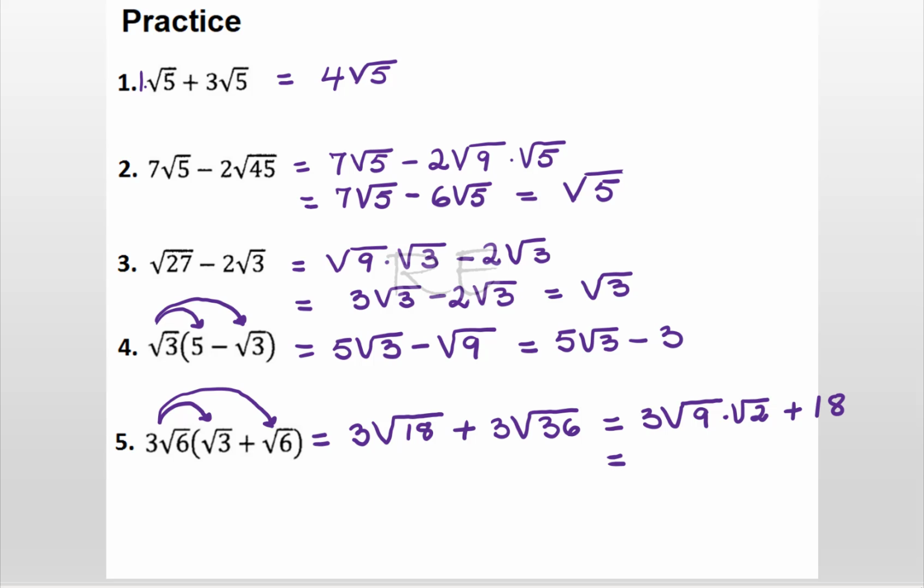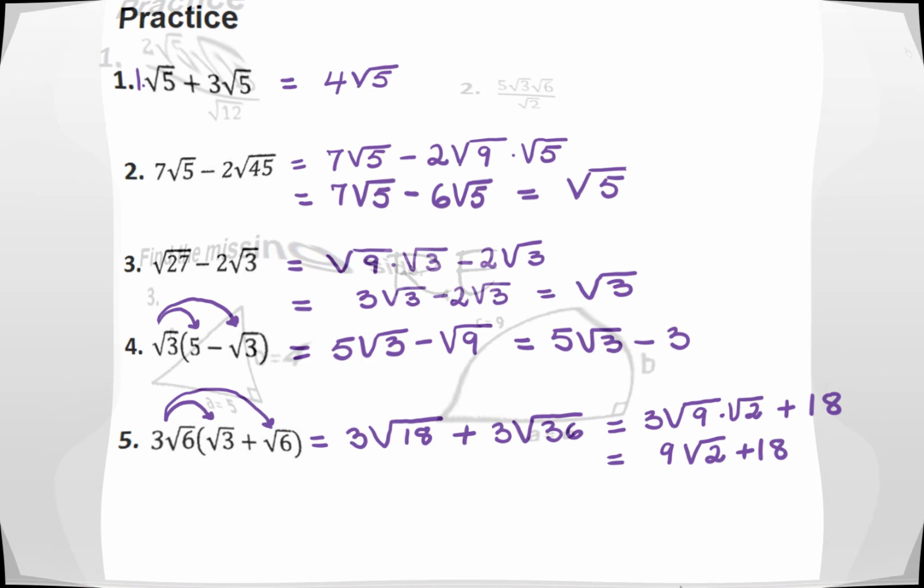Square root of 36 is 6. 3 times square root of 9, 3 times 3, 9 square root of 2 plus 18, and we're done.